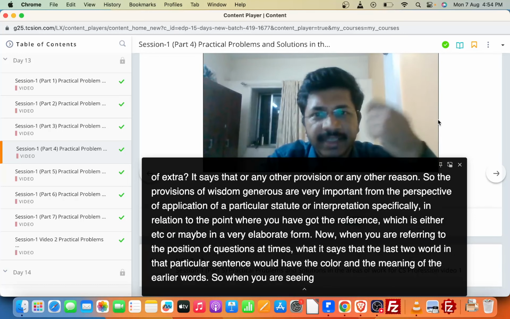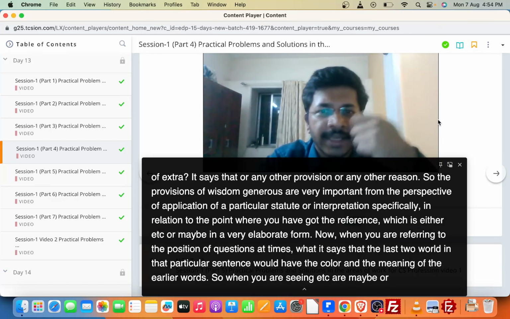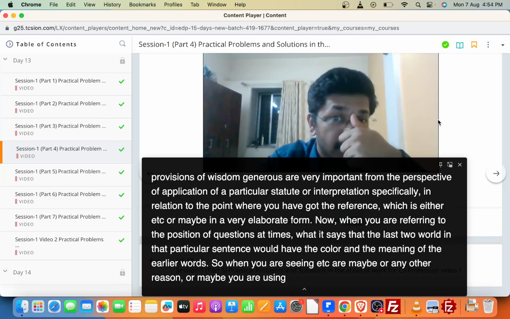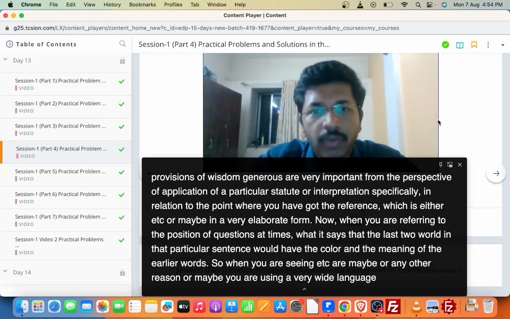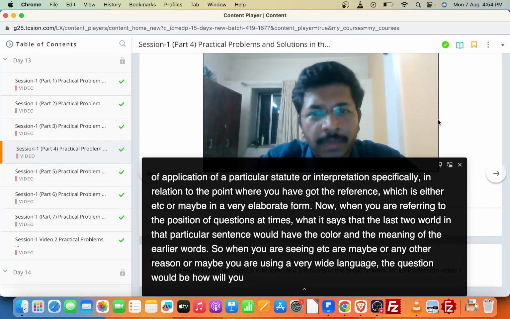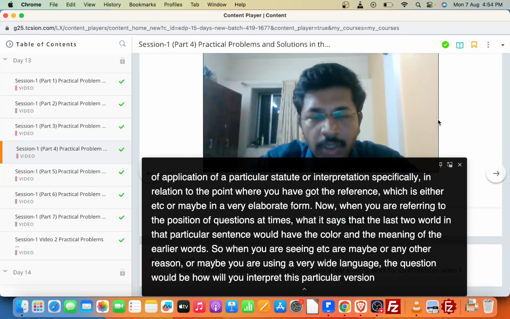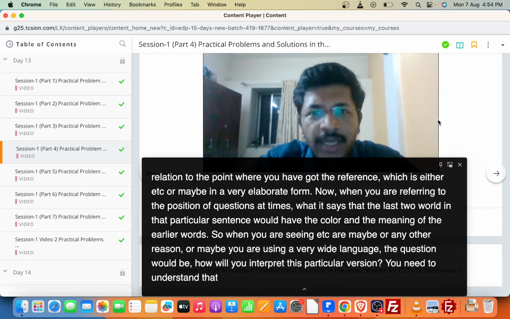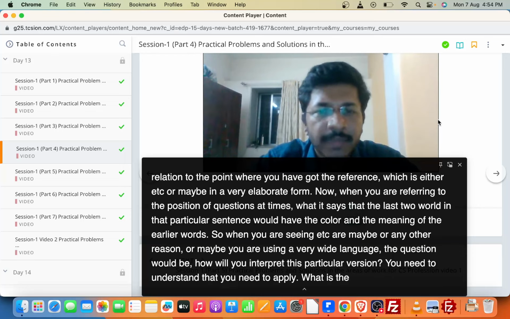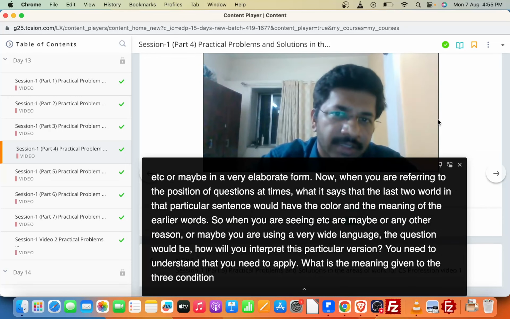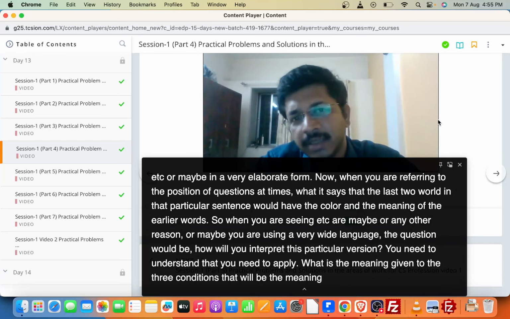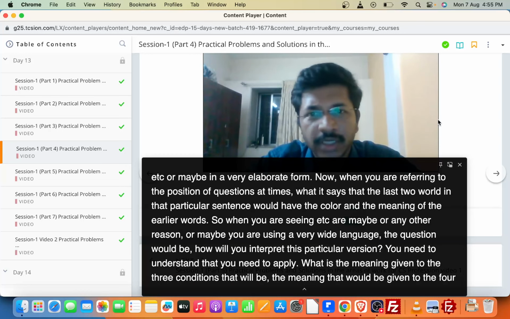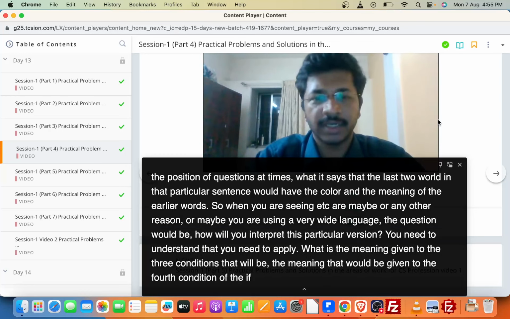So when you are saying etc. or any other reason, or using very wide language, how will you interpret this provision? You need to apply the meaning given to the three conditions. That will be the meaning given to the fourth condition or the fifth condition.